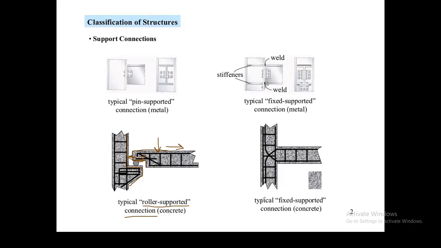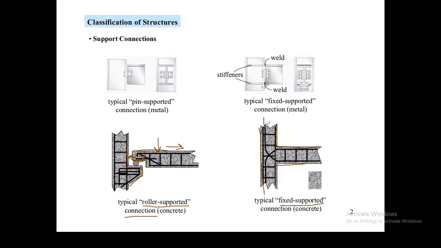Next type of connection is the fixed support connection. Say this is a column, a vertical member, and this is a beam, a horizontal member. Those two members are connected together.